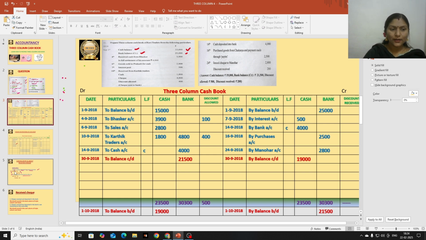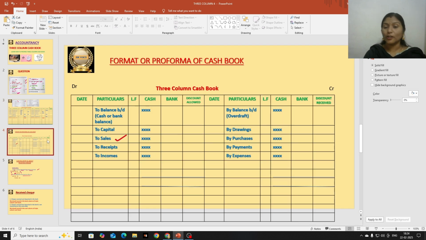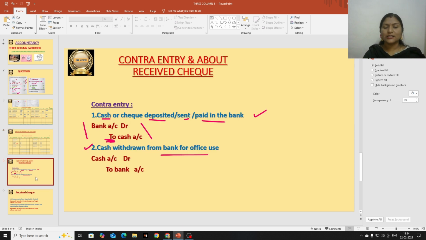Next, this is the format that we should follow whenever we prepare a 3-column cash book. If you remember this format, easily we can record the transactions on both sides. Next, this is the contra entry information, 2 contra entries. You should know about this also.